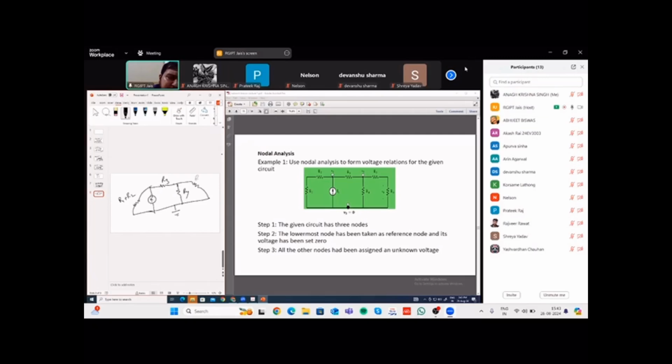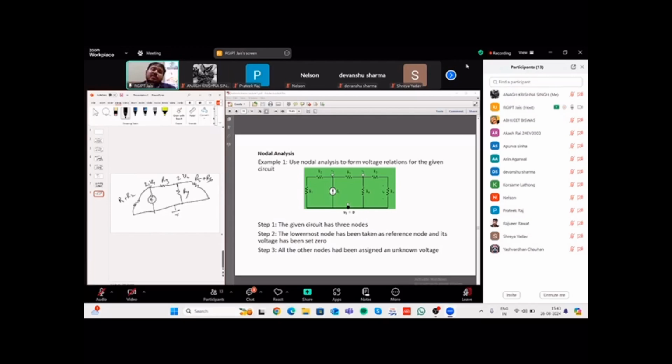The sum will be R5 plus R6. This you have already considered as a single node. So let us say this is node 1, this is node 2. You apply unknown voltages, V1 and V2. So the node voltage in the first node is V1, and in the second node it is V2.